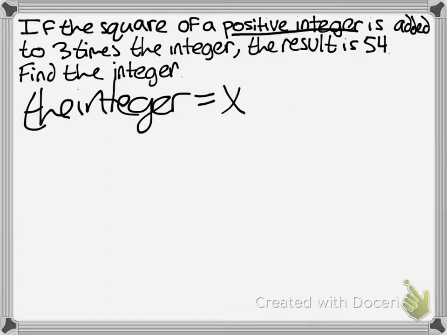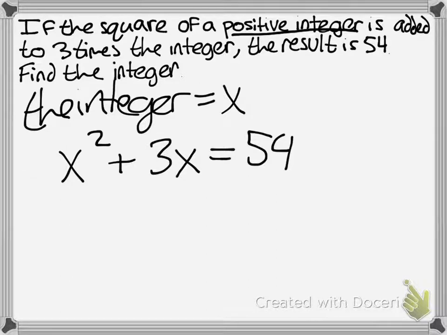So I am talking about the square of a positive integer, so the square of x, x squared, added to, so I have a plus, 3 times the integer. 3 times x, 3x. Then the result is 54.